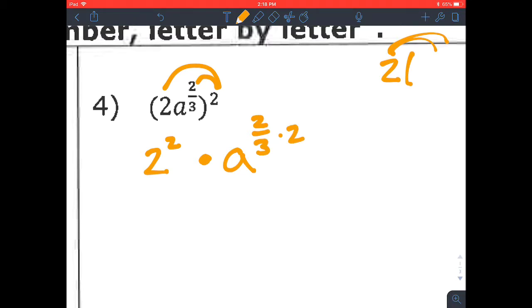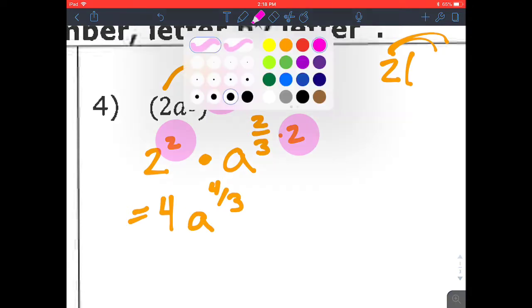In my calculator, I'm going to do 2 to the 2nd power and get 4. And then I'm also going to do 2/3 times 2, in my calculator to make sure that I get that right. It should give me a to the 4/3 power. And that's what it's equal to. So the big thing here is to see how that exponent of 2 went to both of them. It's got to go to both.